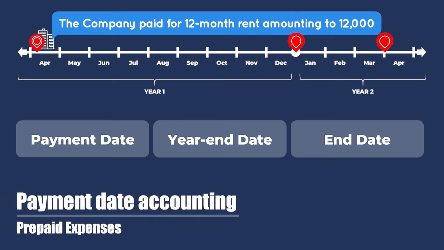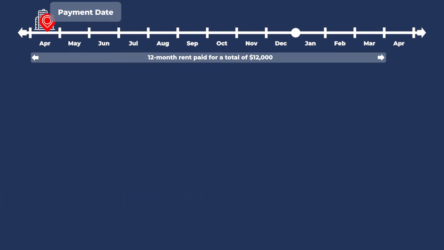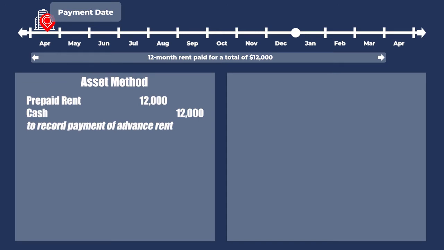There are two possible ways prepayments are accounted for during the payment date, and the selection will normally determine your analysis on what adjusting entry to do. First, we can account for everything as an asset. Upon payment, we debit an asset we generally call a prepayment and credit cash.